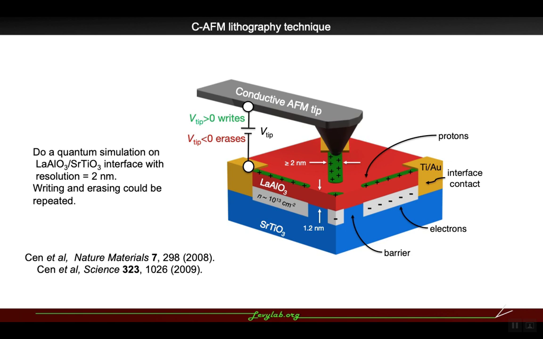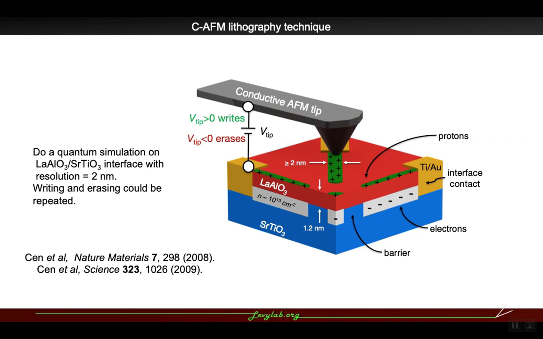Now we use the atomic force microscope lithography technique. In this technique, we apply a voltage on the tip. It actually leaves some protons on the interface, and then it could be conducting.